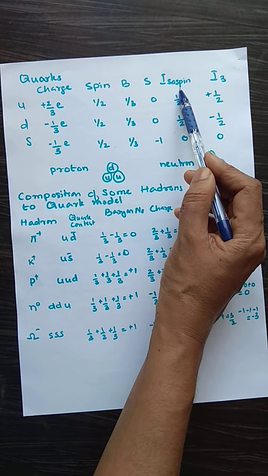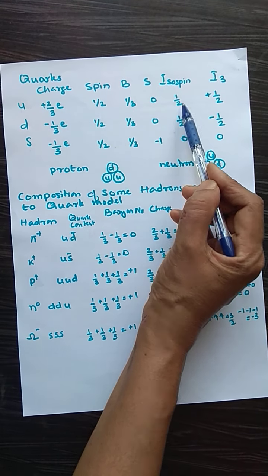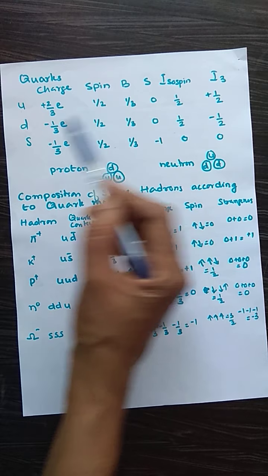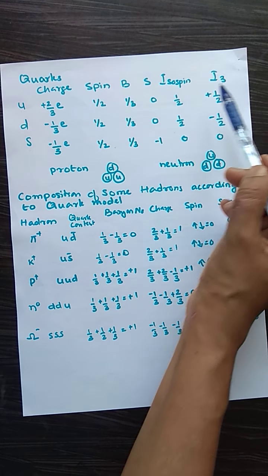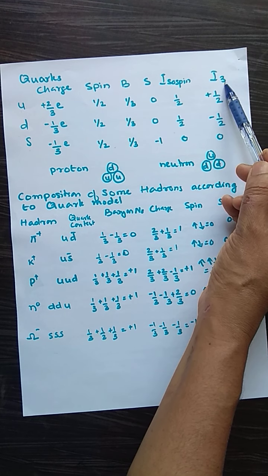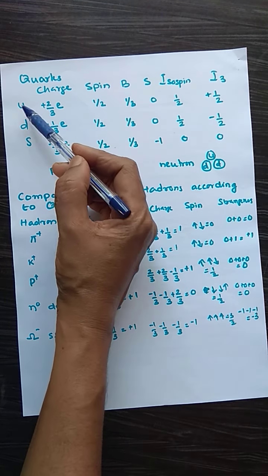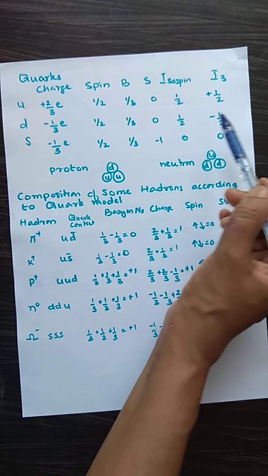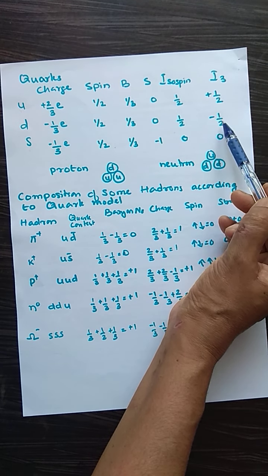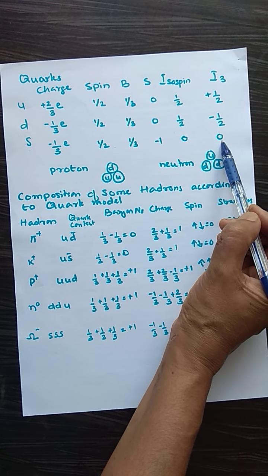Then isospin. Isospin of U quark is half, D quark is half, S quark is 0. So the component I3 corresponding to half is, for the U quark, plus half, for the D quark I3 is minus half, and for the S quark I3 is 0.